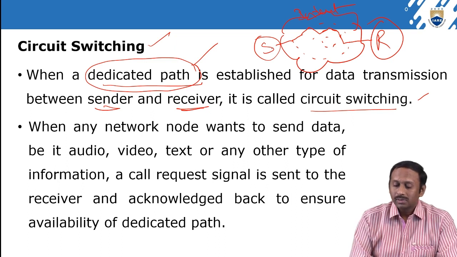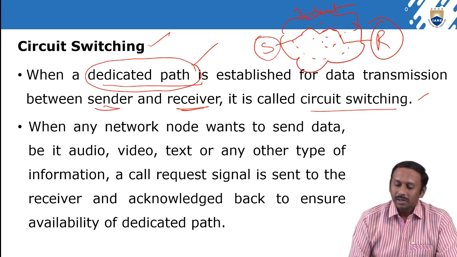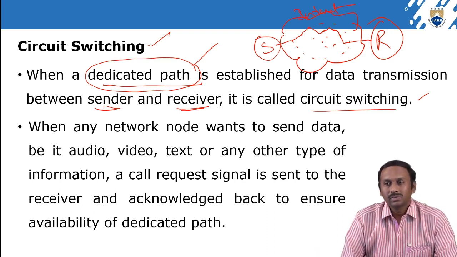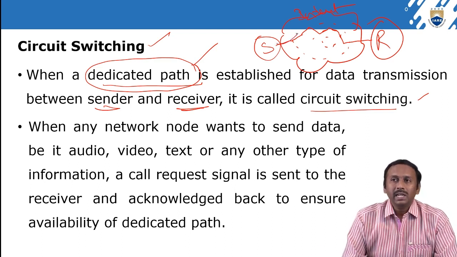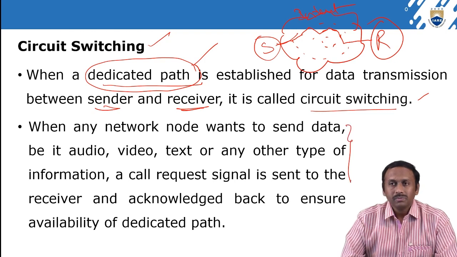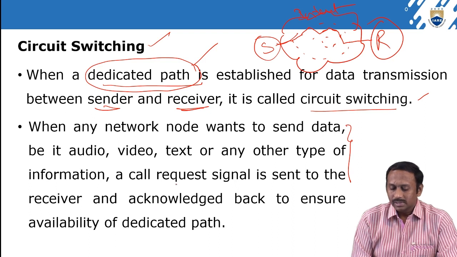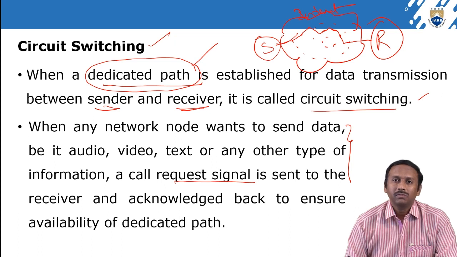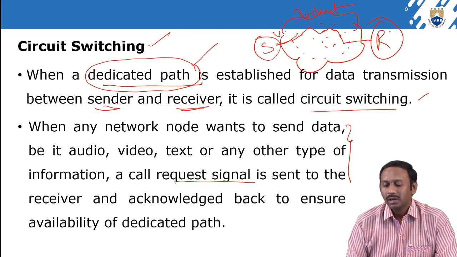The sender may transmit a video file, an audio file, or a text file. Even the sender may call the receiver, maybe a video call or voice call, isn't it? So whenever the sender wants to do any of these, what will happen? First it sends a request, saying that I'm going to send a particular piece of information or voice message to the receiver.